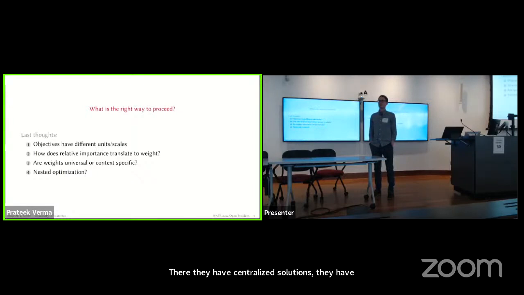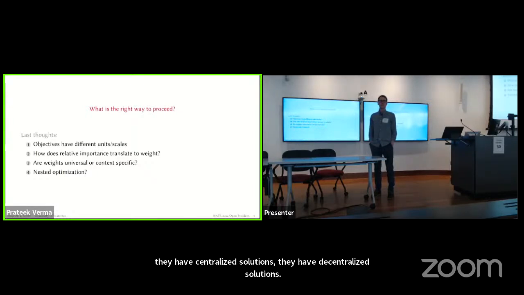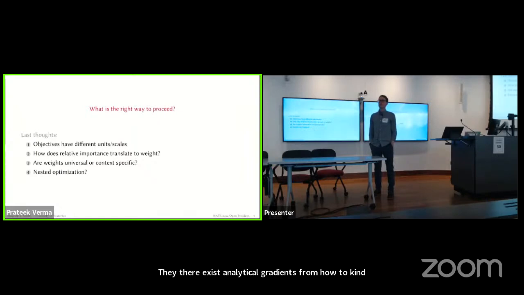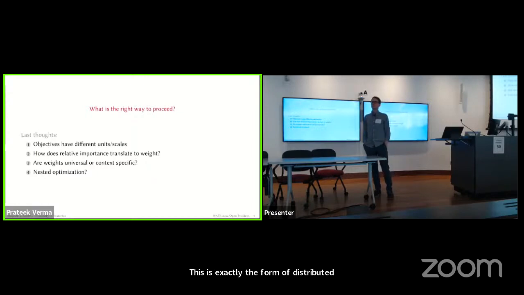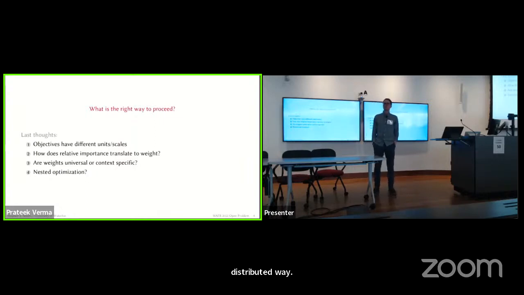There exist analytical gradients on how to accelerate the convergence rate. This is exactly the form of distributed optimization. You don't necessarily have to say it in a distributed way, because even if you have one agent, you can do something like divide and concur to accelerate the convergence of your optimization.